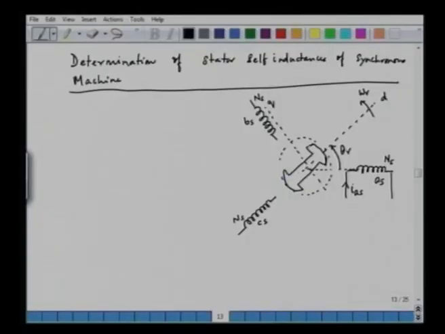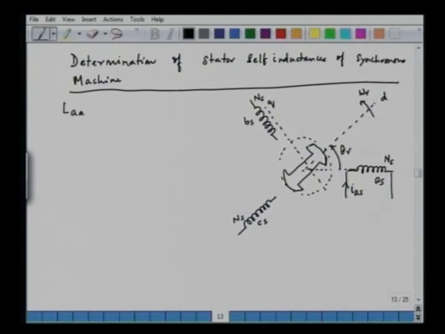In other words, we know the permeance along two axes. Permeance along D axis is known, and the permeance along Q axis is known. So, if we want to find out the flux linkage, we can start with the following.